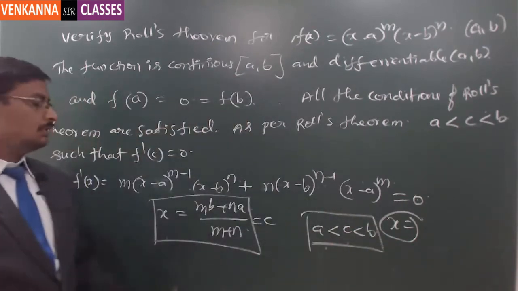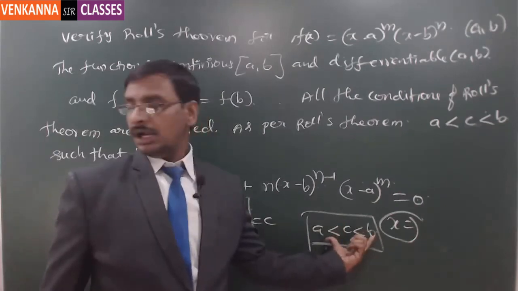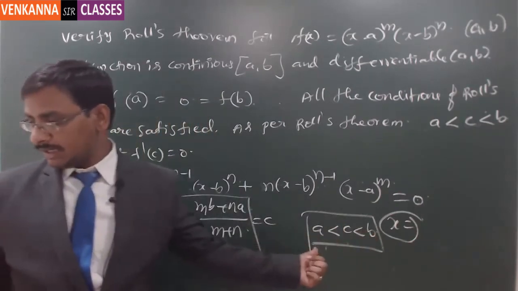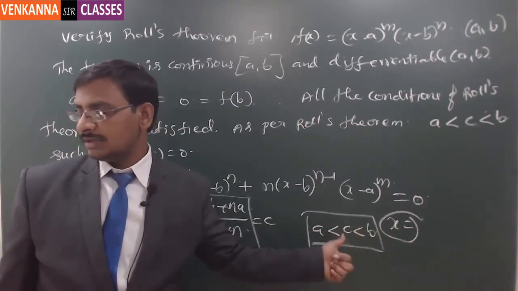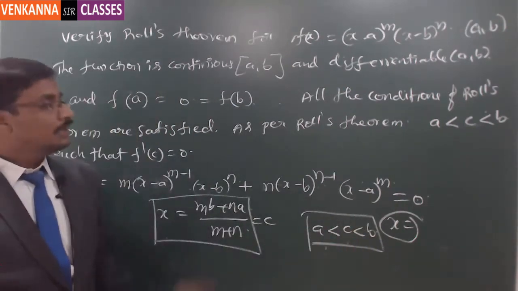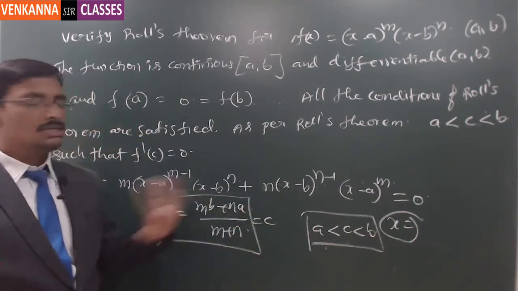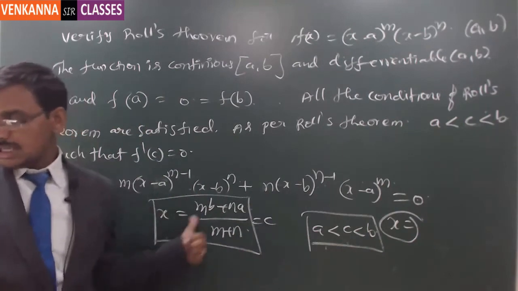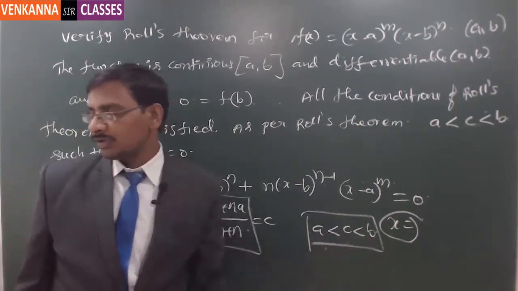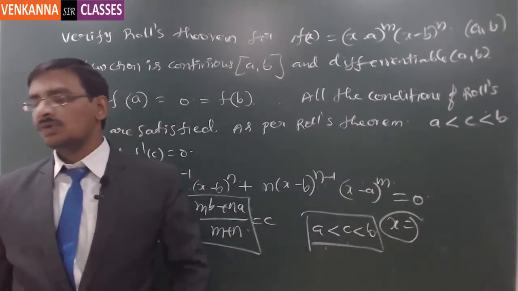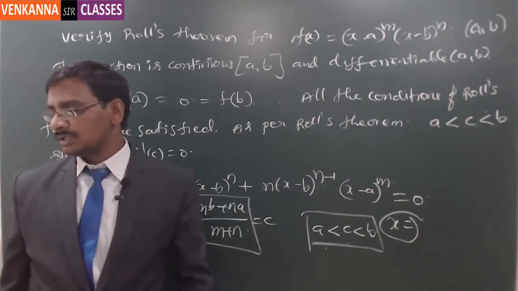This is the division of AB length in the ratio m is to n internally, which means this point lies internally. So as per Rolle's theorem, there exists a point c such that f dash of c is equal to 0, and that c value is mb plus na by m plus n, which is in between a and b. Got it? This is how we prove Rolle's theorem. Clear? Or do you have any questions on this?